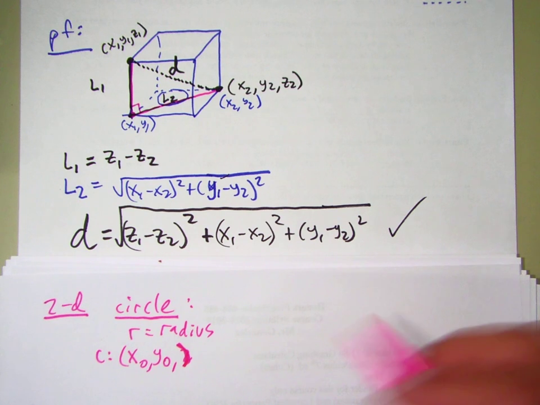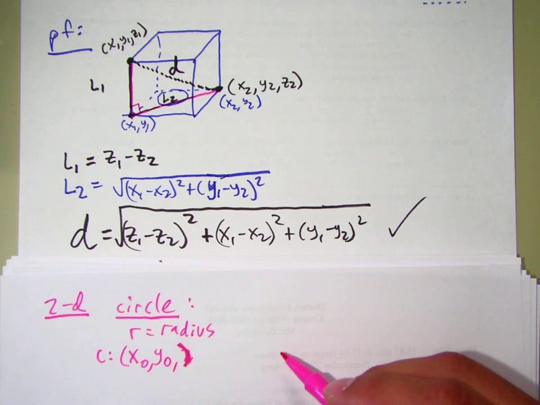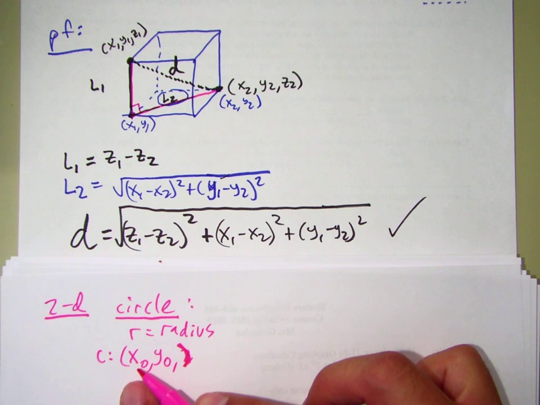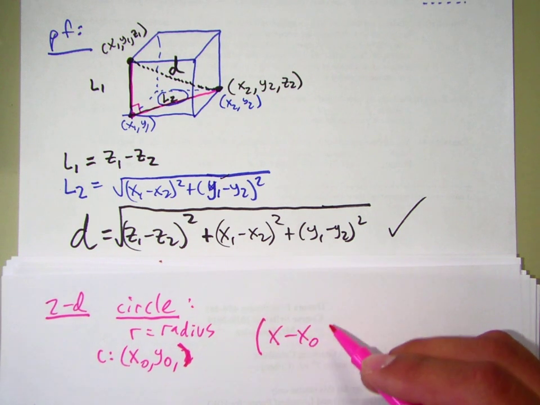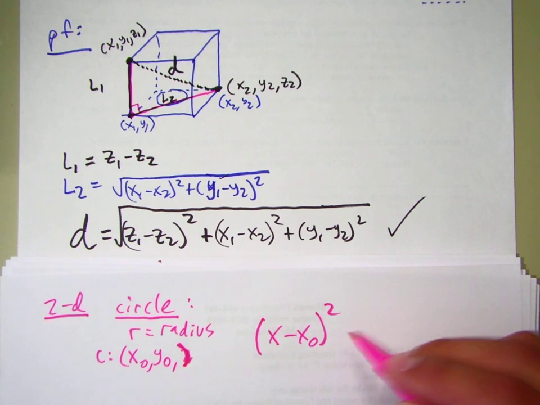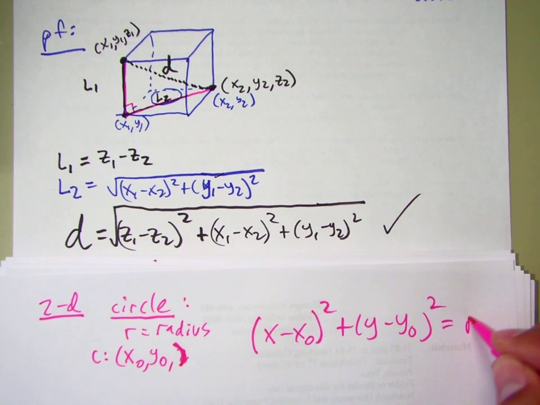X squared plus y squared equals r squared. That's if it's centered at 0, 0, right? If this is the center, then it would be x minus x naught squared plus y minus y naught squared equals r squared, which is just the direct product of the distance formula.